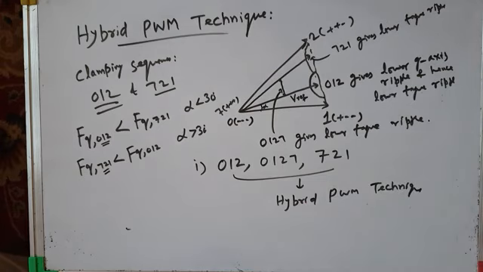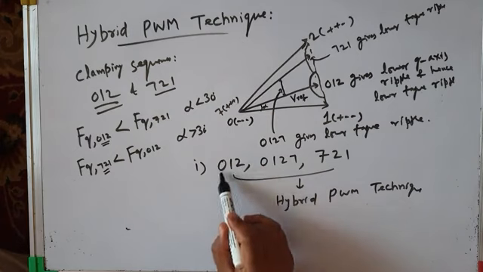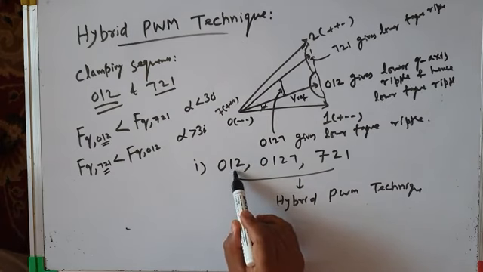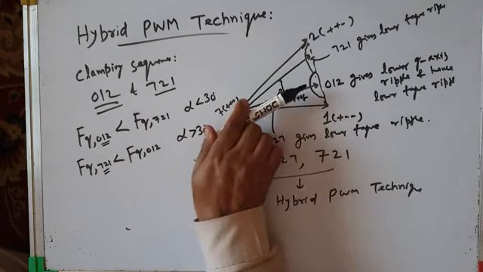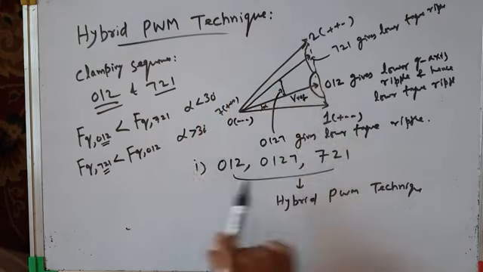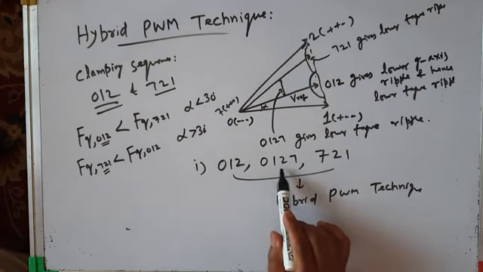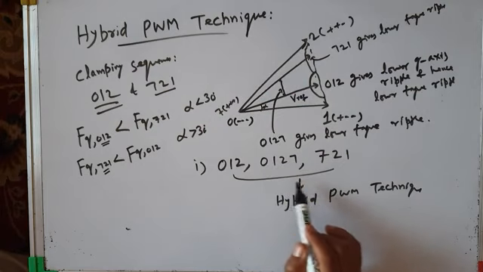Why is it called hybrid PWM technique? Because it is the combination of different PWM techniques. For lower values of alpha, it uses the bus clamping technique with switching sequence 012. For medium values of alpha, as your reference vector goes through medium values of alpha, it uses conventional space vector PWM, that is switching sequence 0127.